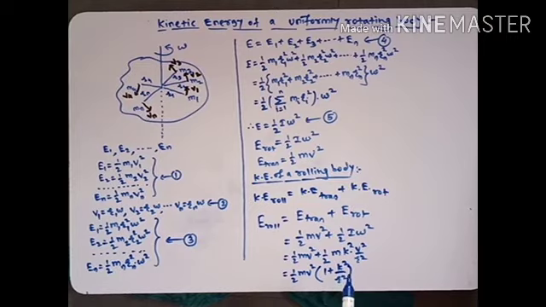This k is the radius of gyration, and for different bodies, such as a coin, sphere, ball, cylinder, or disc rolling, this k is different. Therefore, depending on the value of k, the rolling kinetic energy changes. This is all about kinetic energy of a uniformly rotating body.